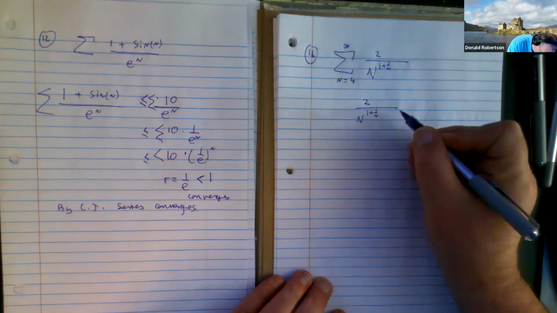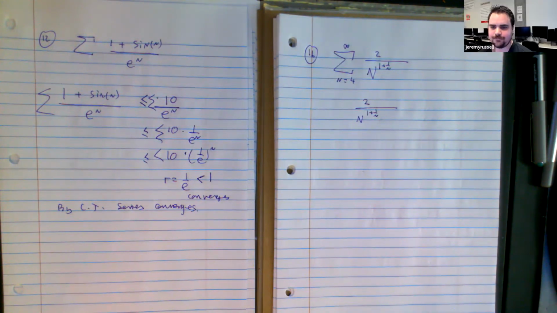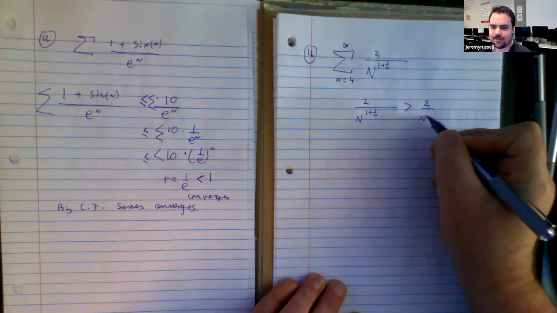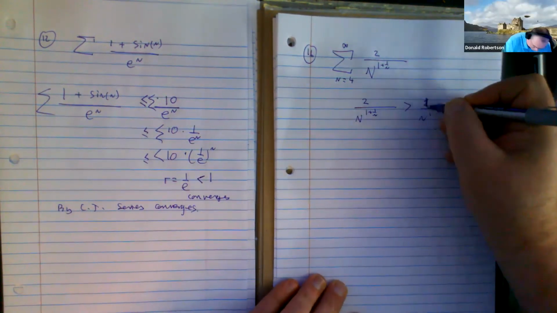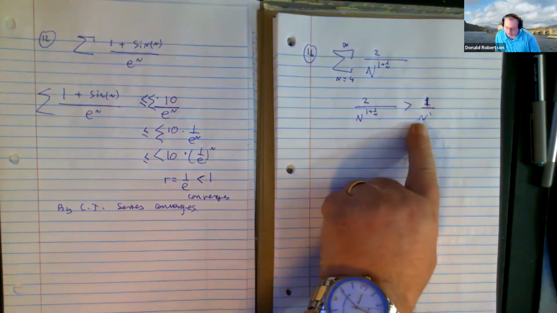Who is this guy going to be? Greater than n to the 1. 1 over. Oh, 1 over? Okay, you're going that way? So what does that make it? Bigger than a diverger?